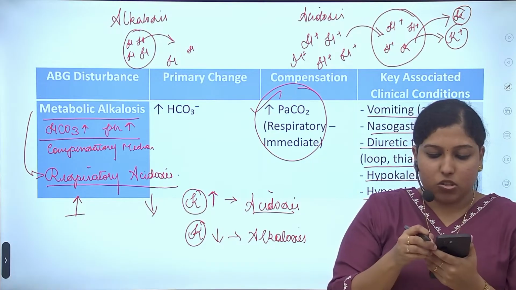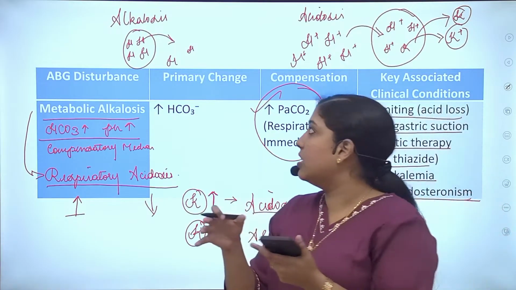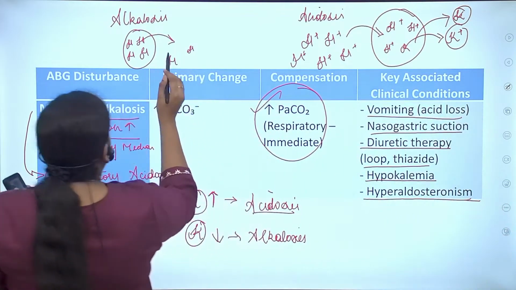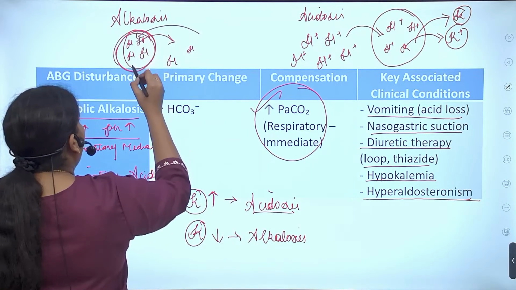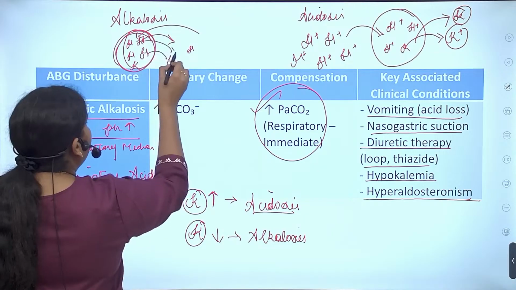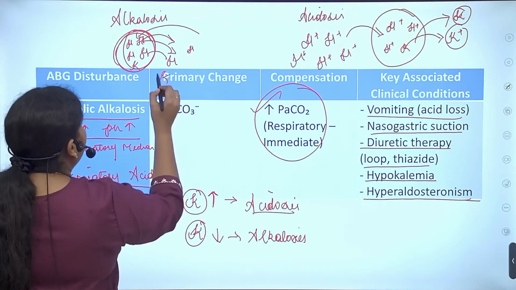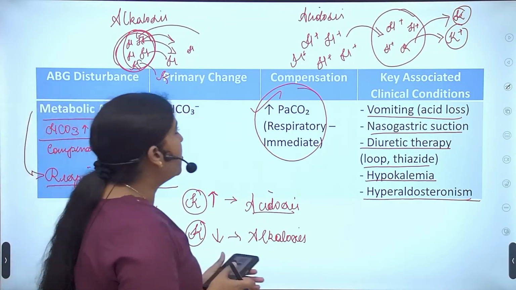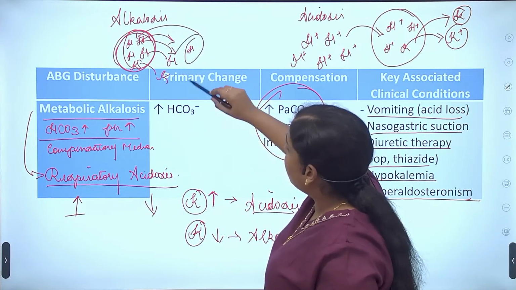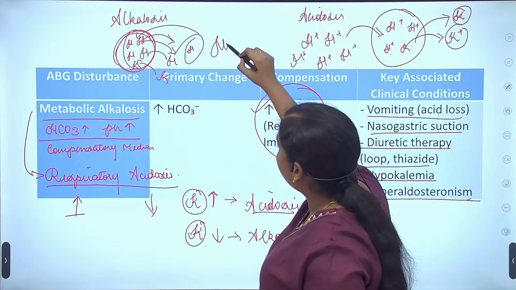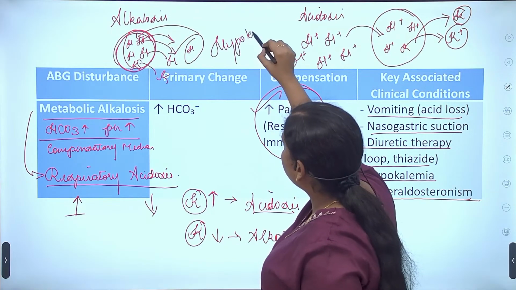The hydrogen ions are coming out of the cells to maintain the acidity. So what will happen? To maintain the neutrality inside the cell, the potassium will go inside. The hydrogen will come outside and potassium will go inside to maintain the neutrality. That's why when we monitor the electrolytes, the patient will have hypokalemia.